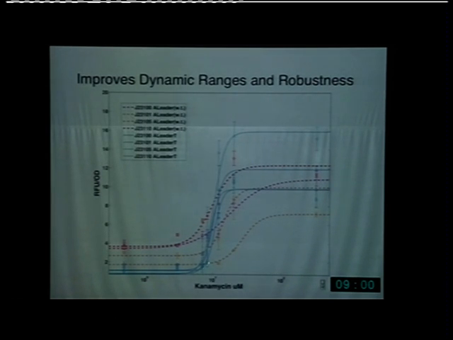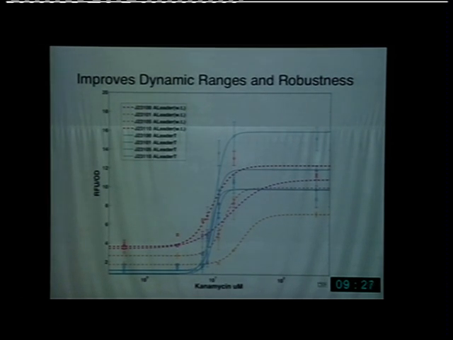And the blue line is the A-leader T. We designed the 3-state riboswitch, and we found that, okay, the minimal level has decreased, and the maximal level has increased. So the dynamic range has been enlarged. And robustness, of course, it was much more robust than the original riboswitch.